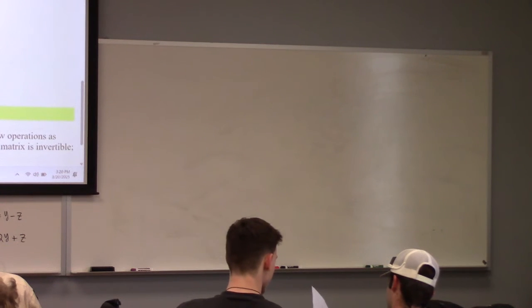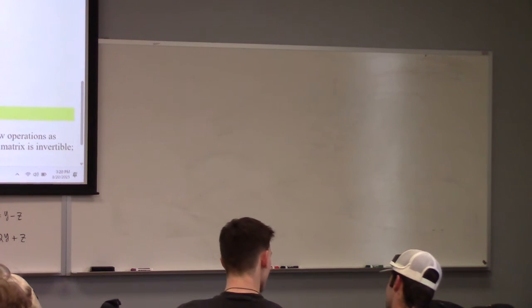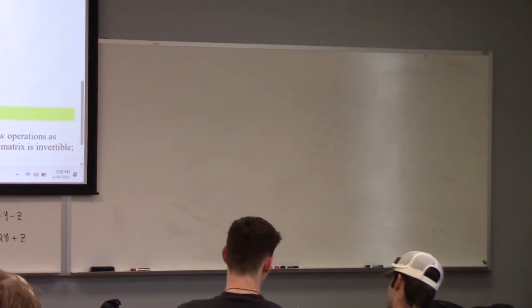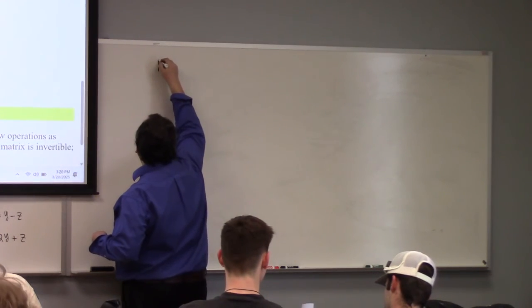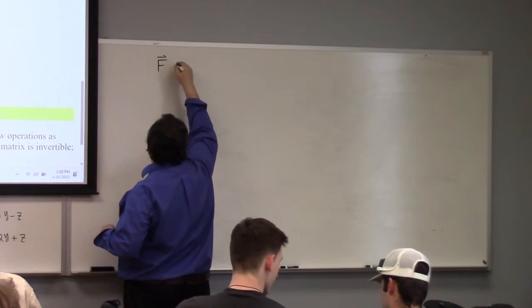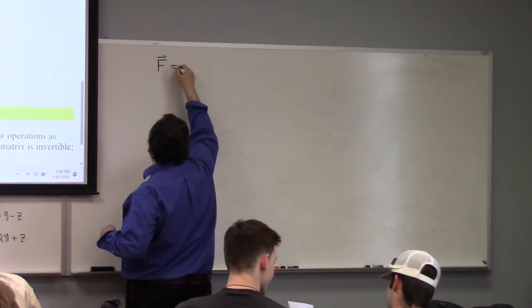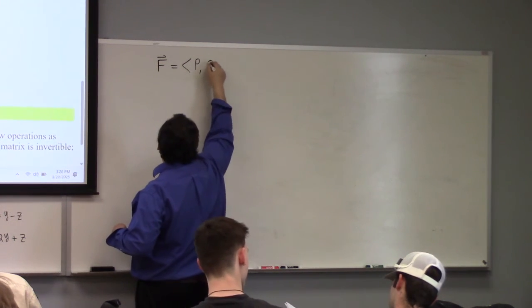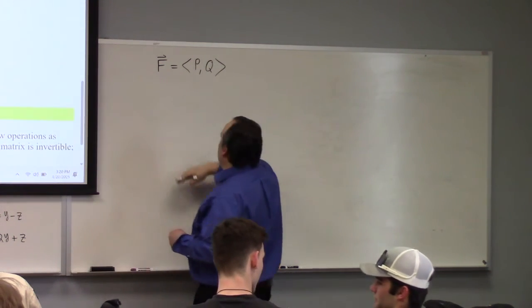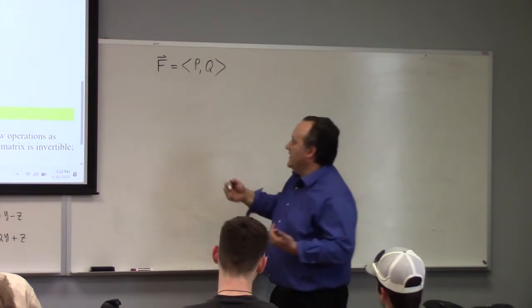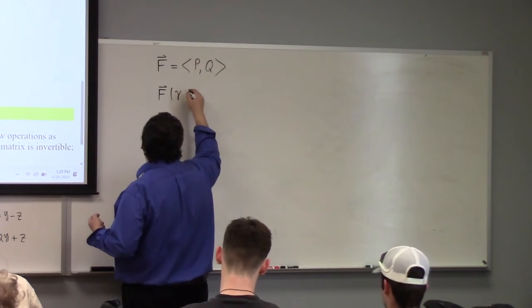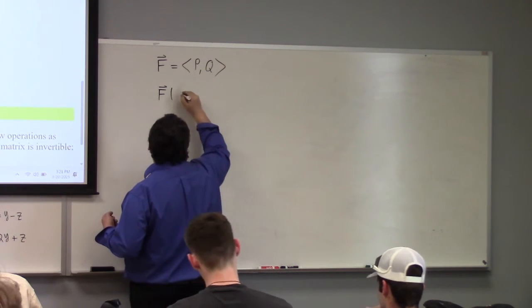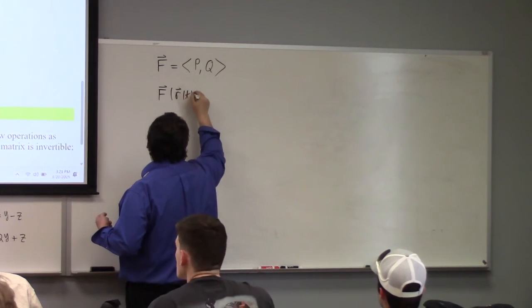All right, so remember at the start of the course, we talked a little bit about vector fields. We talked about if you have a vector field F, right? And it could have the form generically P comma Q, right? And I told you guys that if we have a path, let's say R of t, right?